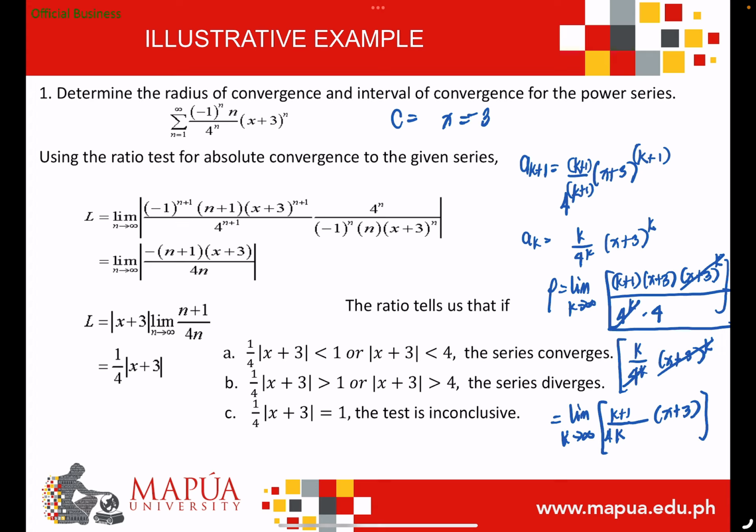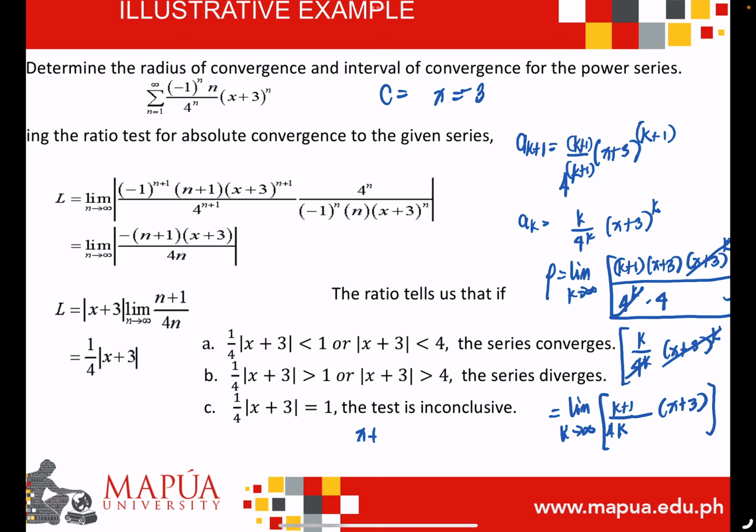But if it is greater than 1, it would be divergent. And if it is on the boundary, equal to 1, it would be inconclusive, so we have to try another test. So we have x plus 3 over 4 in between negative 1 and positive 1, which is the inequality testing for the convergence. Now for the boundary, we have to double check those boundaries.